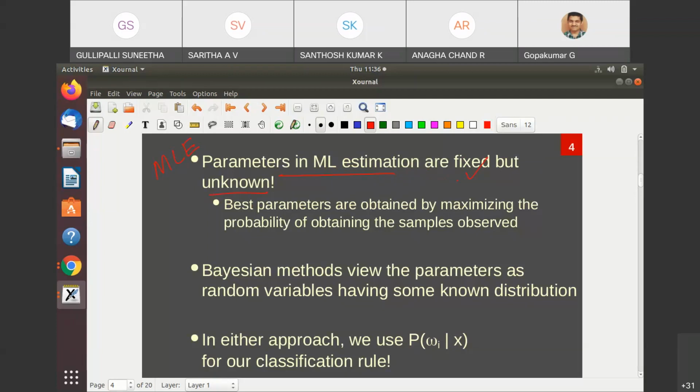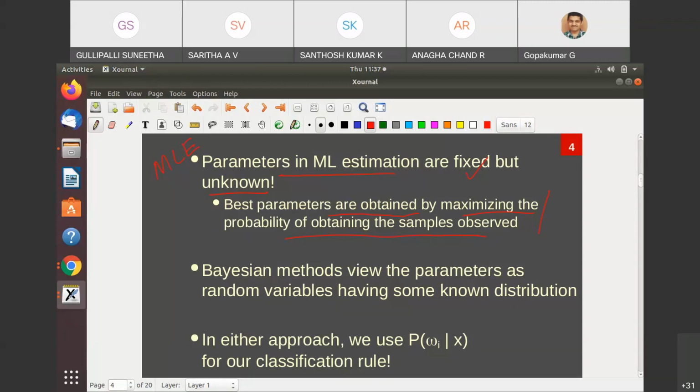We have to find that particular fixed value, which is the optimum one or the best one. That means the best parameters are obtained by maximizing the probability of obtaining the samples observed. We assume that the parameter is fixed, and now we have to find the best parameter, so that the parameter we select for the final design of the classifier maximizes the probability of obtaining the samples observed, because we are given only the training data set.